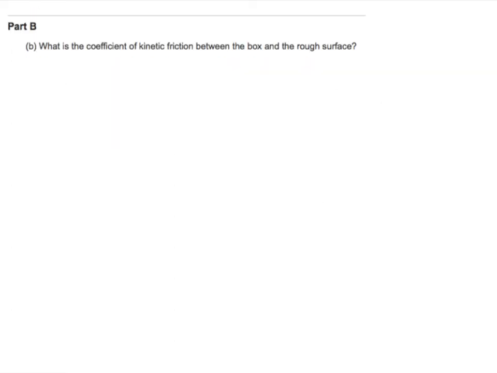The second part of the question: what is the coefficient of friction between the box and the rough surface? Well, the work done by friction, which was minus 0.5 joules, is equal to the force of friction times the distance that the friction acted through. Remember, the force of friction is going to be mu times the normal, which, because this was on a level surface, is just going to be mu mg. So we can do some substitution here.